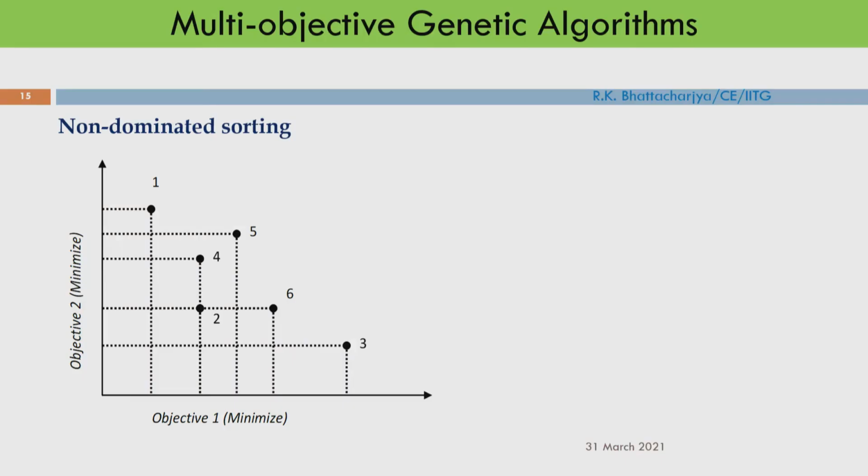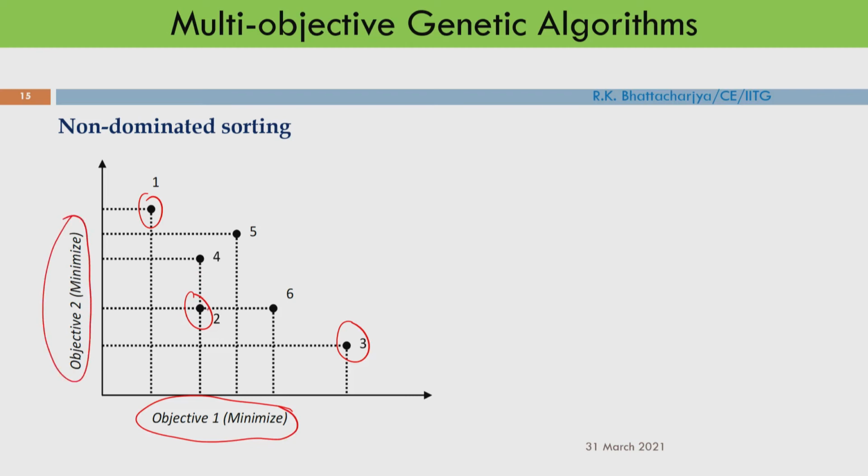Let us see an example problem. Suppose we have solution 1, solution 2 and solution 3. If I look at solution 1, solution 2 and solution 3, these solutions are non-dominated solutions. Let us compare solution 1 and solution 2. Solution 1 is better in objective 1 because this is a minimization problem, but it is inferior in objective 2.